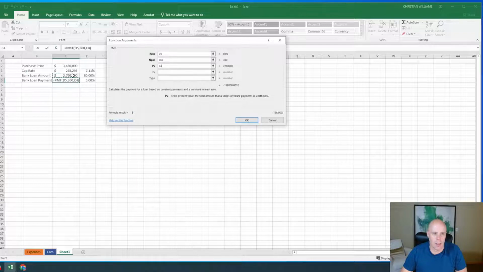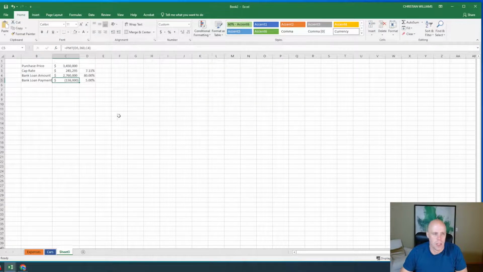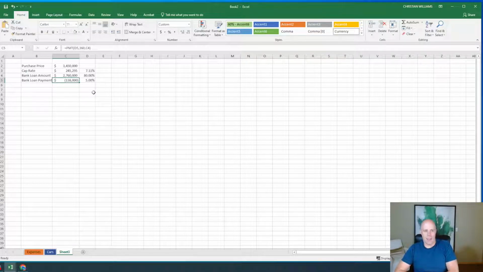So we're going to click on our bank loan amount up there in cell C4. And then we're just going to click OK, because our future value and our type are not significant for this. We don't really have to calculate those in. So we're having to pay $138,000 a year in payments to cover our bank loan amount.